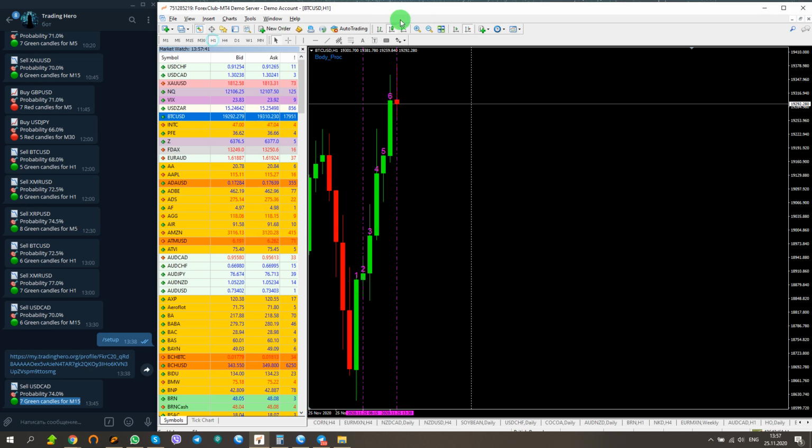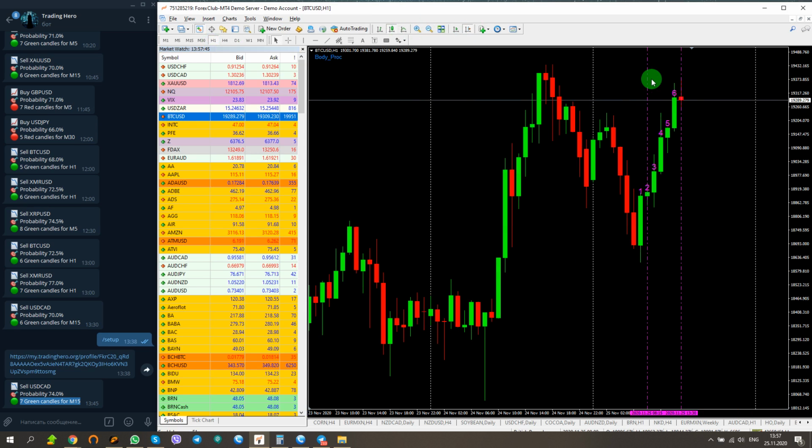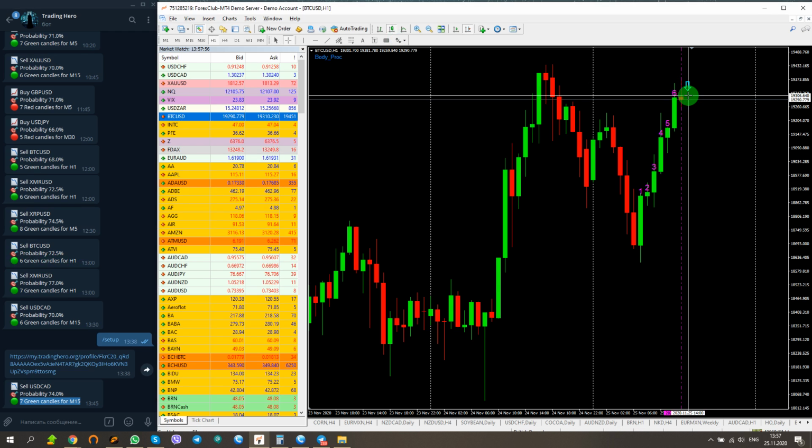So let's go to the 1 hour chart, and here we go. You can see that we have 6 green candles on the 1 hour chart, and the price has started falling right now.